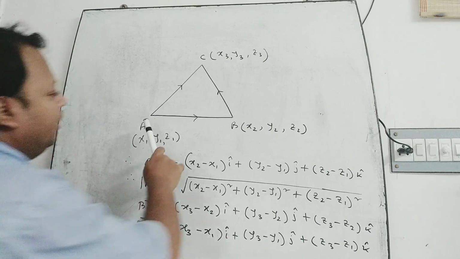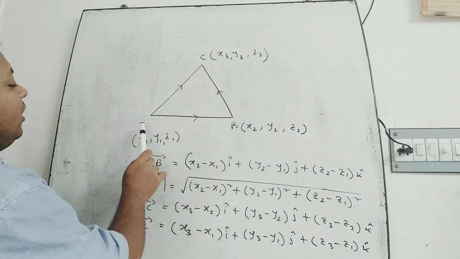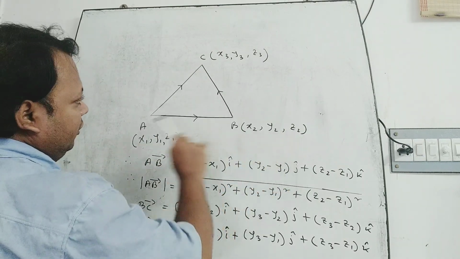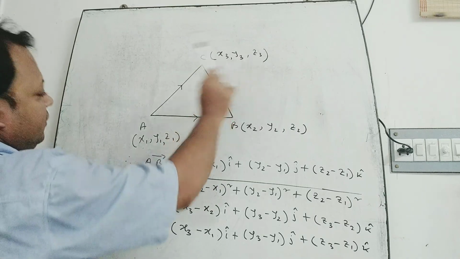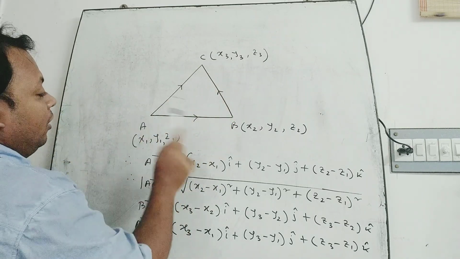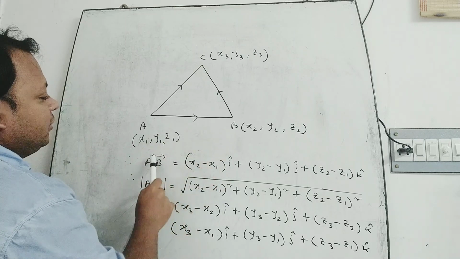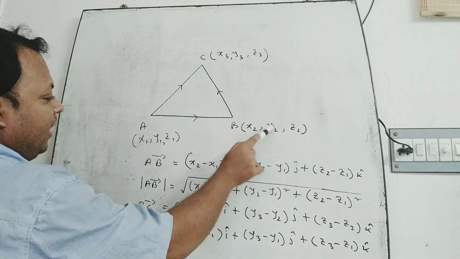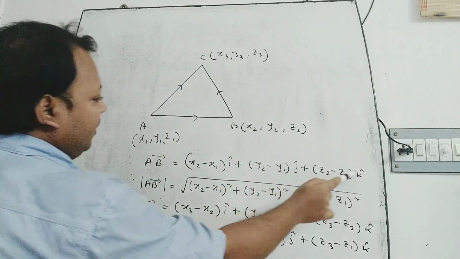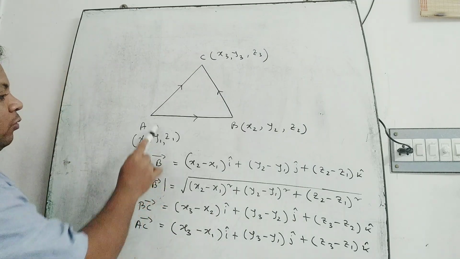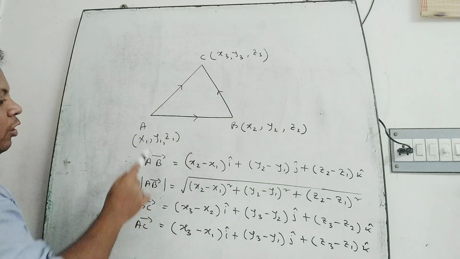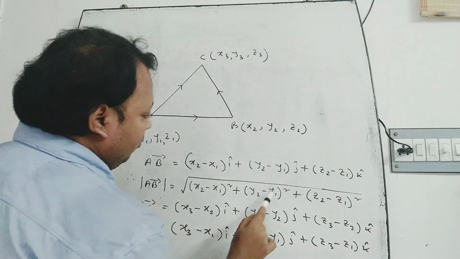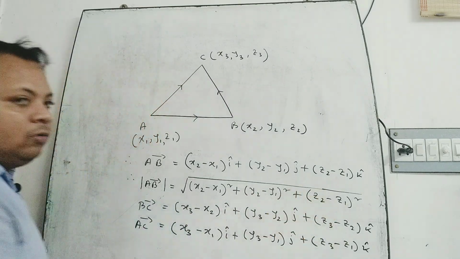Let ABC be a triangle. The coordinate of point A is x1, y1, z1. Coordinate of B is x2, y2, z2. And coordinate of C is x3, y3, z3. Therefore, the AB vector is equal to (x2 minus x1) i cap plus (y2 minus y1) j cap plus (z2 minus z1) k cap, and the magnitude of side AB is equal to under root of (x2 minus x1) whole square plus (y2 minus y1) whole square plus (z2 minus z1) whole square.